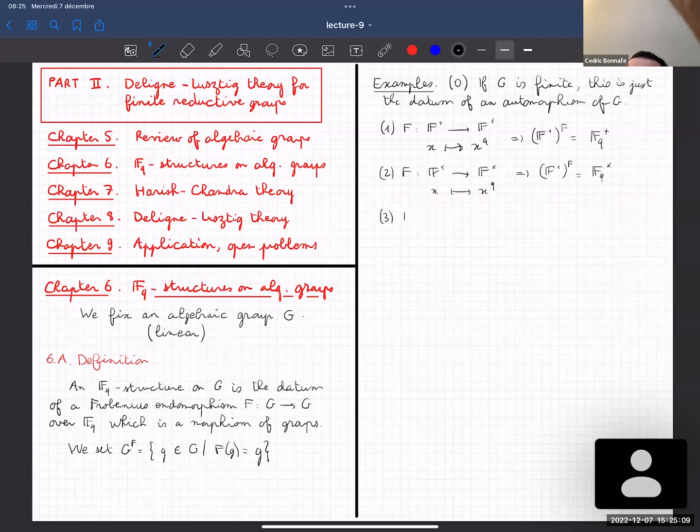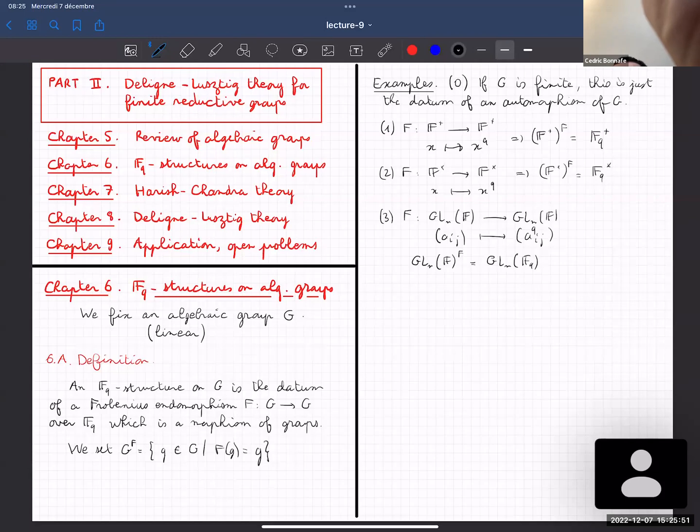A somewhat more interesting example: take F from GL_n to GL_n that sends a matrix to the same matrix where all the entries are raised to the q-th power. Since raising to the q-th power is an automorphism of the field, this induces a morphism of groups. And in this case, the group of fixed points is just the general linear group over F_q.